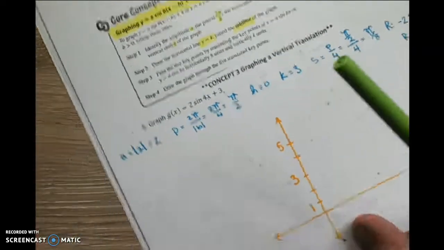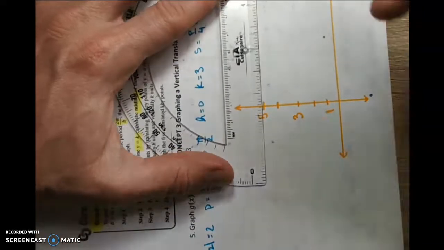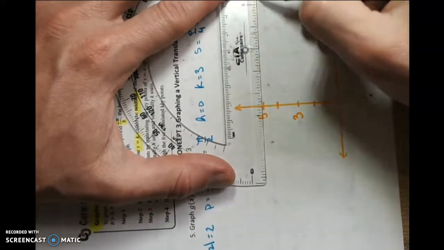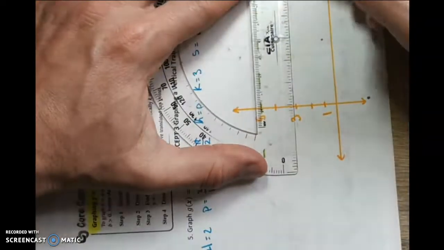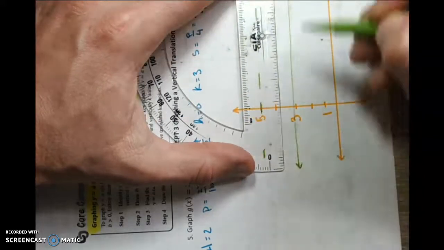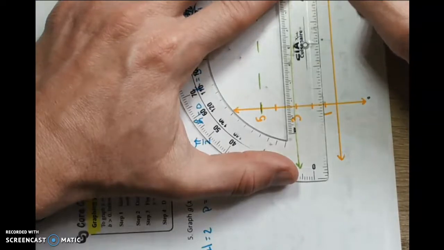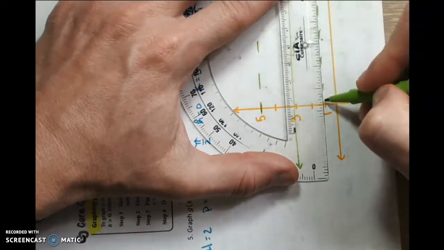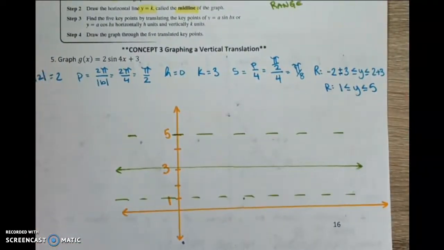So I'm going to go ahead and just use a different color here to do a couple more things. I'm going to dash my range. I'm going to put a solid line on my midline. And I'm going to dash to 1.